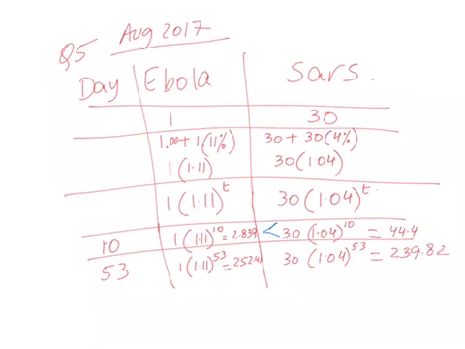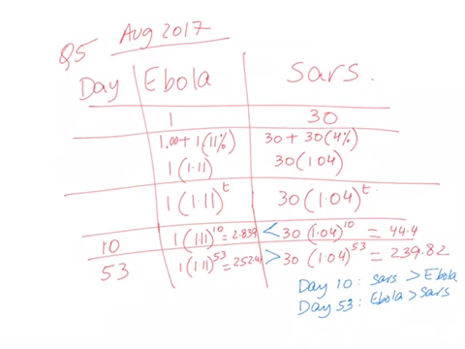So in this case, Ebola is greater. So look for this choice. So day 10, SARS is greater than Ebola, and day 53, Ebola is greater than SARS. Look for this answer choice. So whichever one describes this will be our solution. Answer 3.